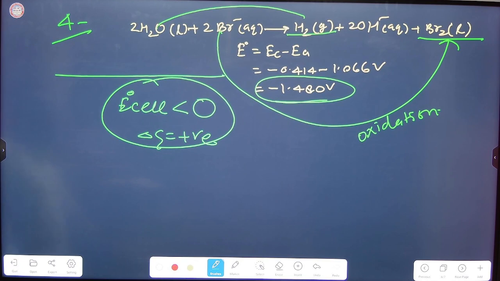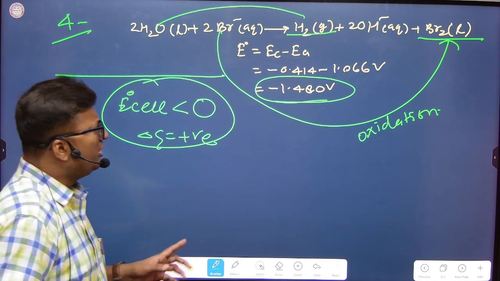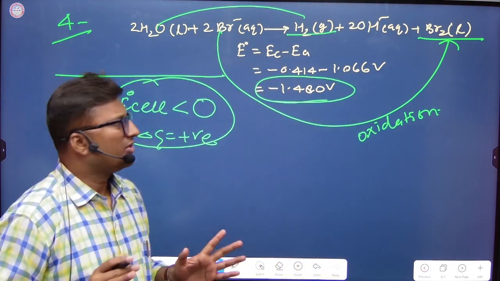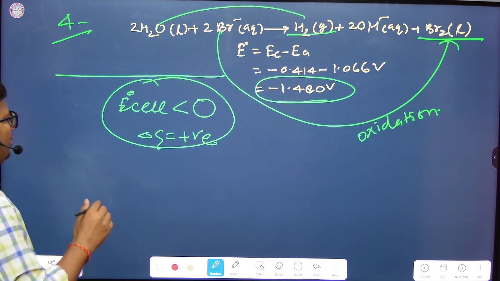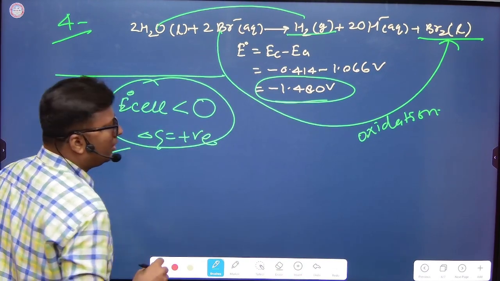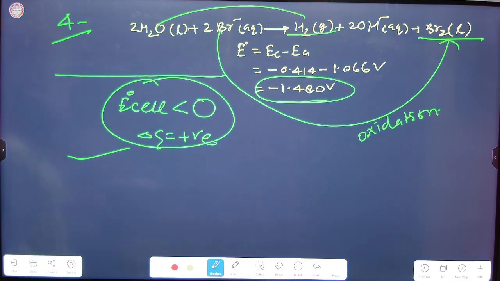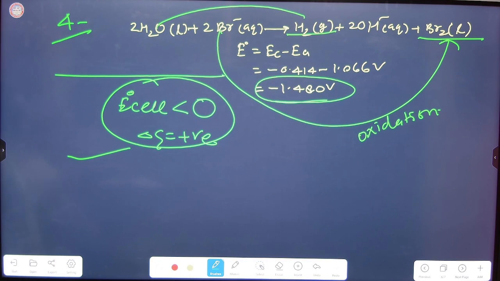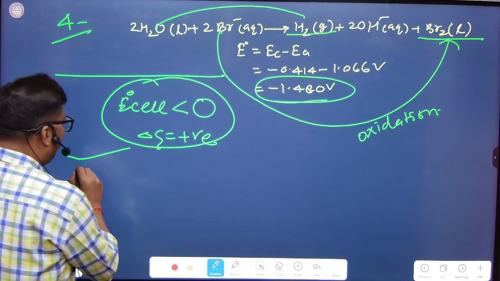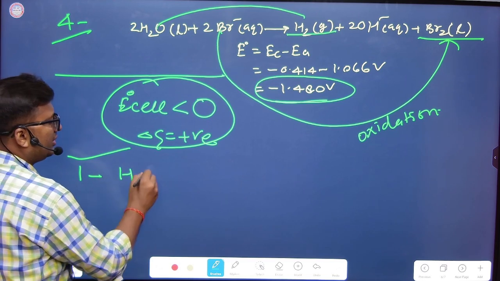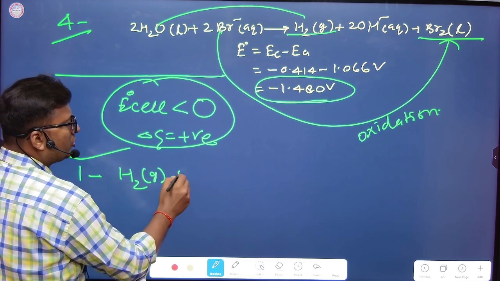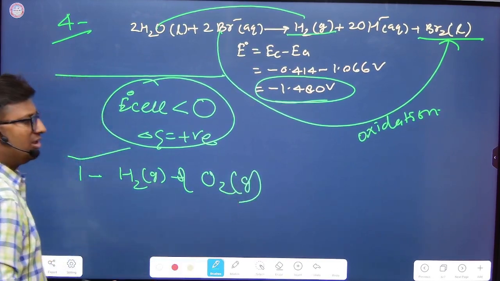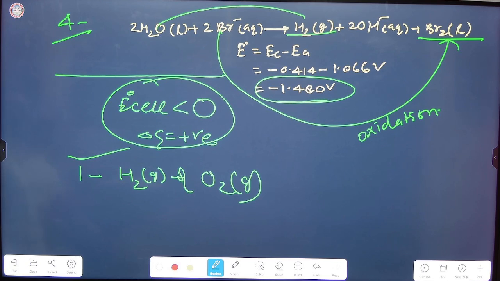Now, why are electrolytic cells important? Because they create non-spontaneous reactions through the application of external electricity. So the first thing is the production of hydrogen gas and oxygen gas through the decomposition of water, or electrolysis of water.